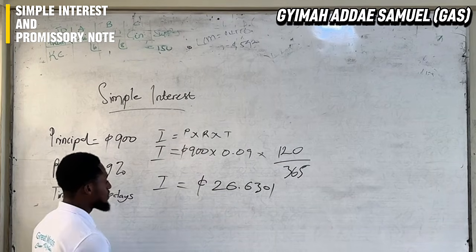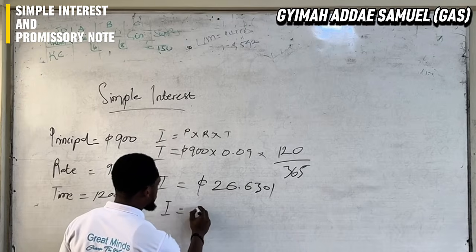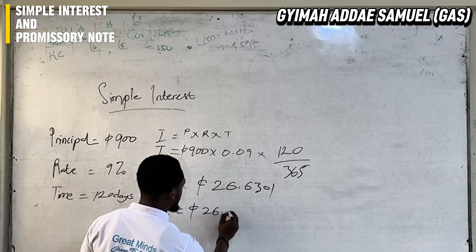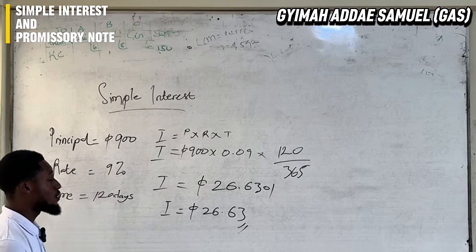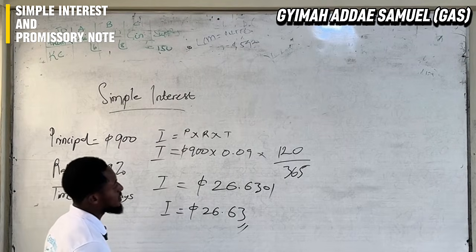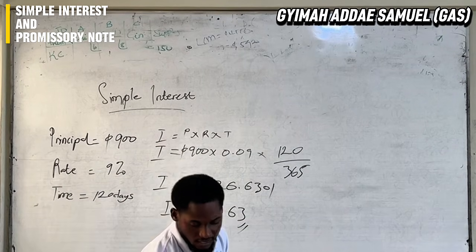So you can decide to leave it in two decimal places, and this is it. With the exact method, you always have to have it in mind that you are using 365 days.